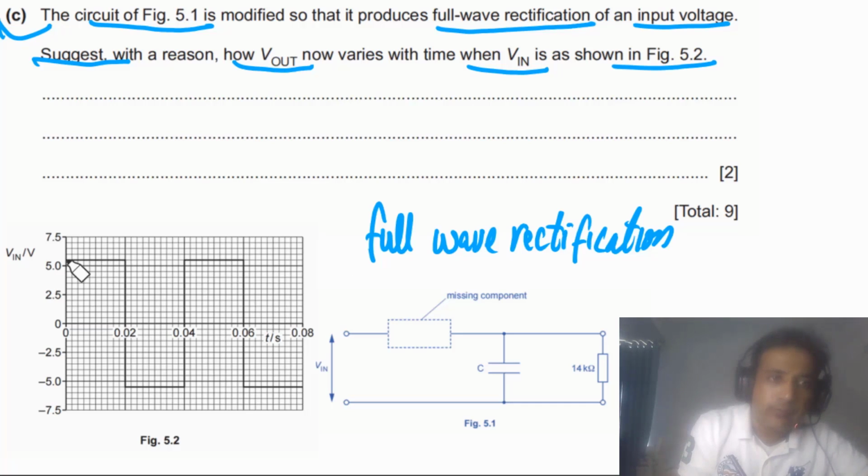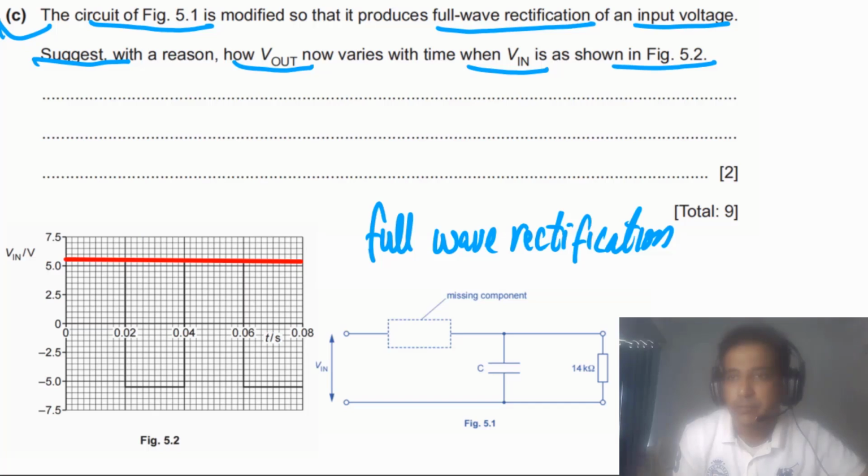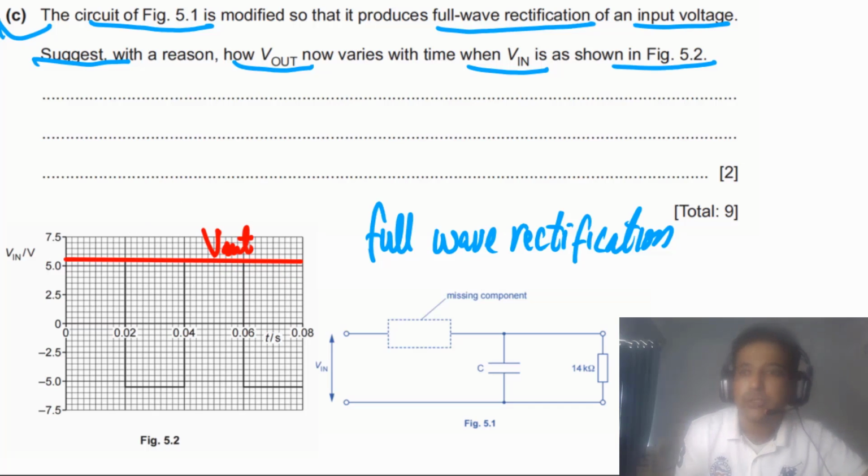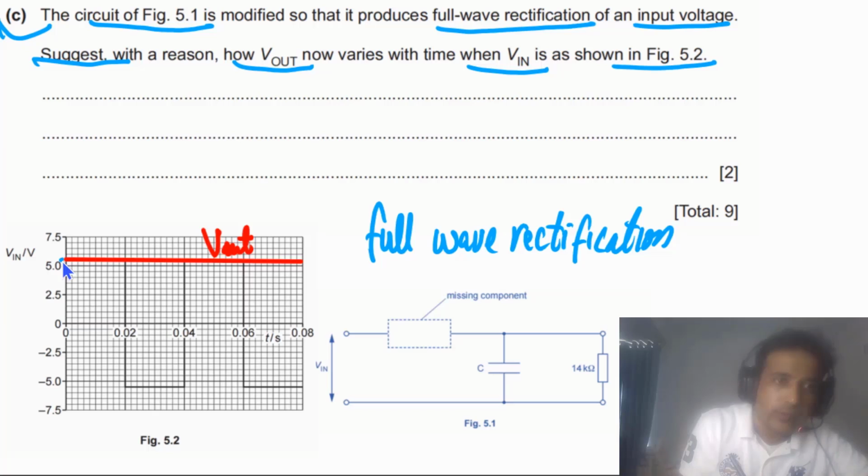So we will have a constant value of V out. We label this one so you will not get confused between V in and V out. This one is our V out now, and our V in is the same as shown here. So you can see the comparison.